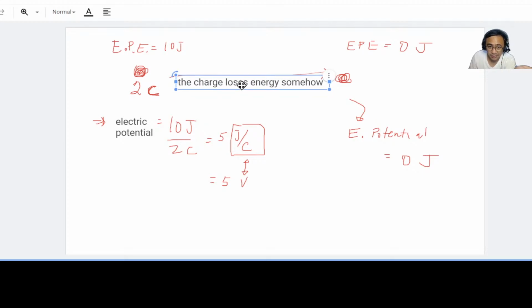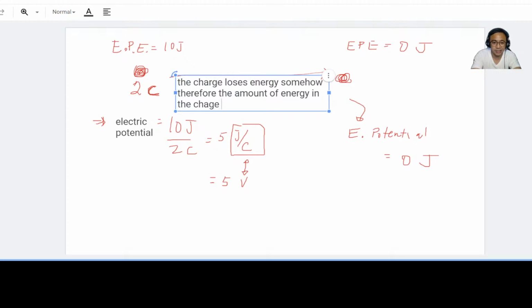But anyway, the key point here is that the charge somehow loses energy, and therefore the amount of energy in the charge has changed.